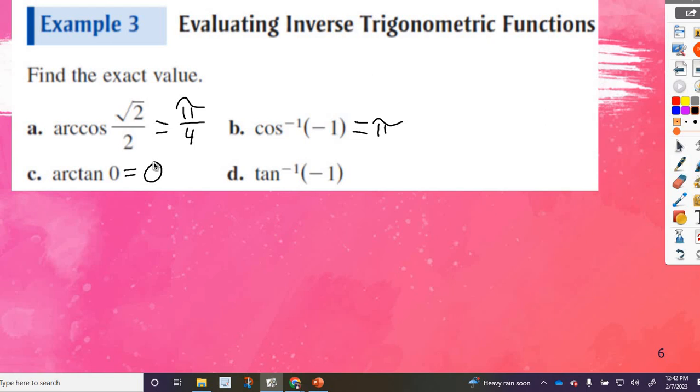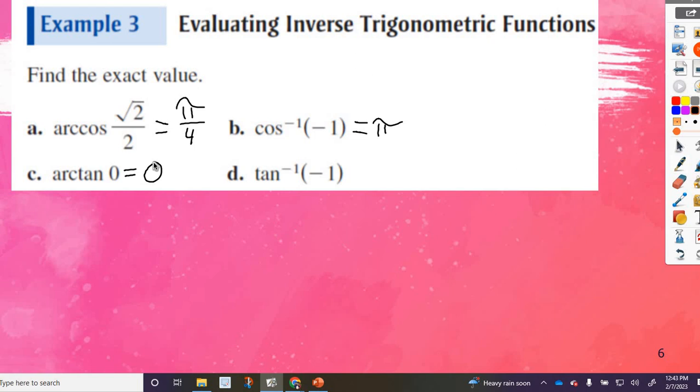Then where does tangent equal -1? Do we remember where tangent equals +1? So remember that in order for tangent to equal 1, sine and cosine have to be the same thing. So where are sine and cosine the same thing? Pi over 4, but they would both be positive, so we would get a +1.